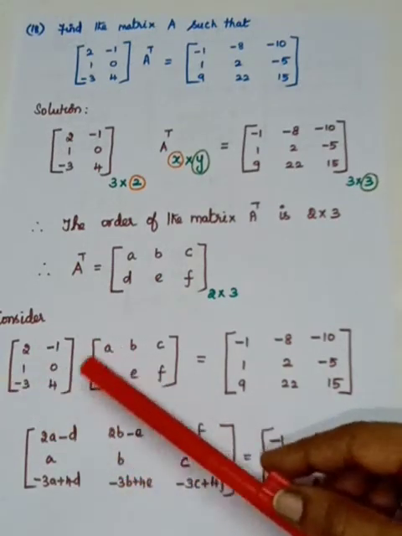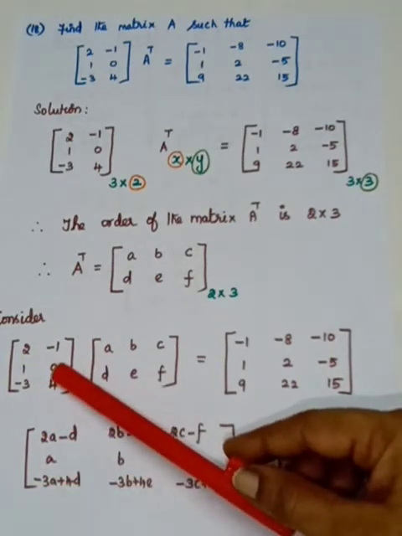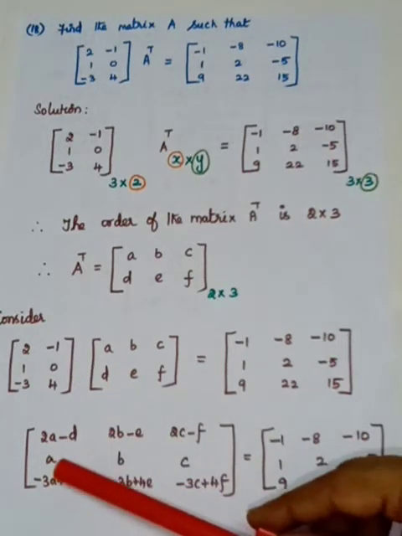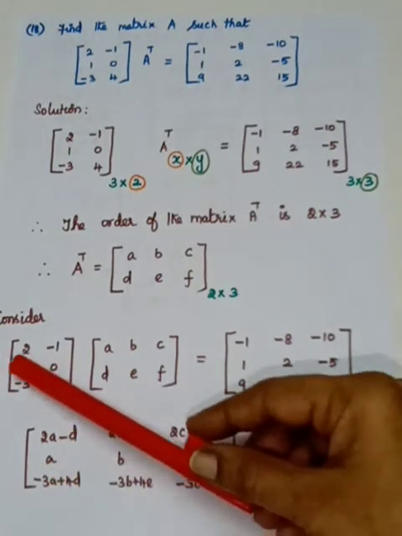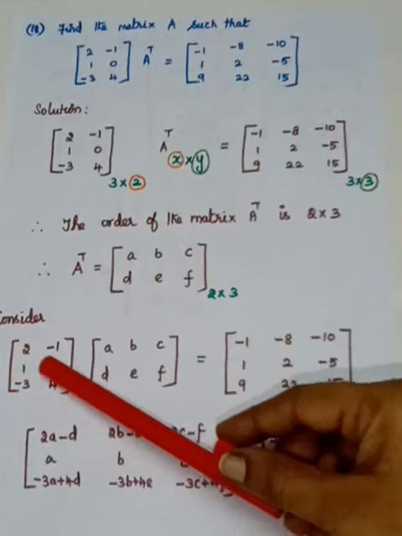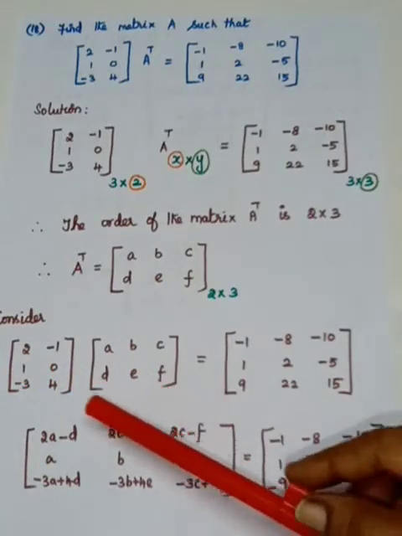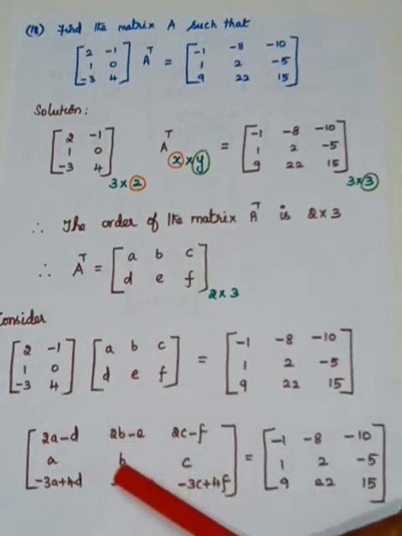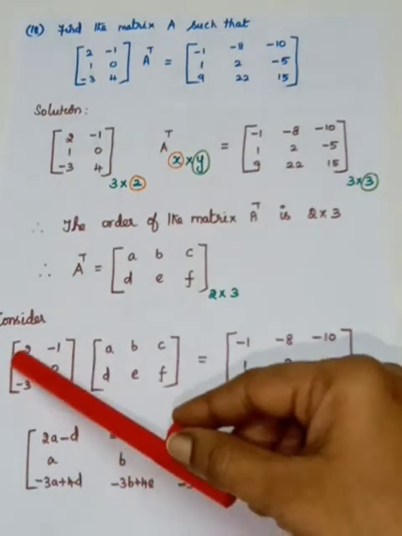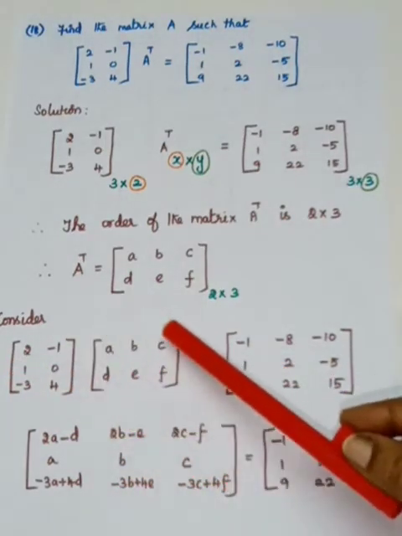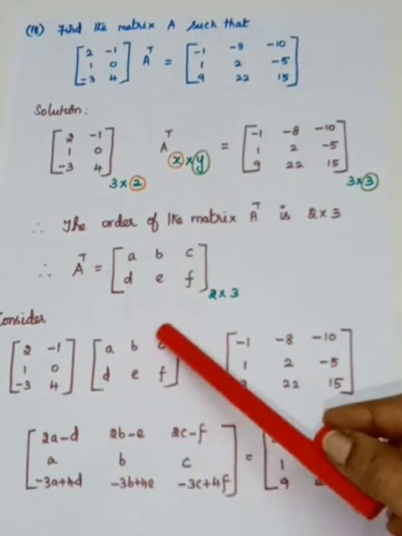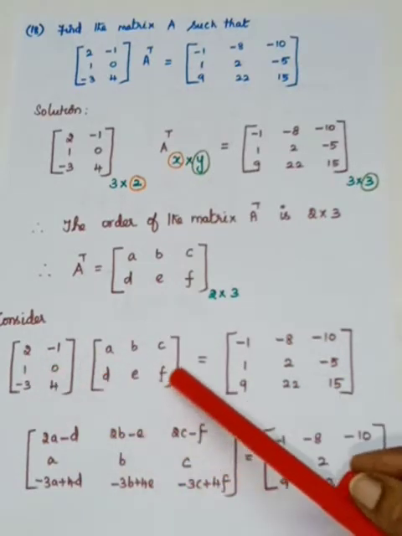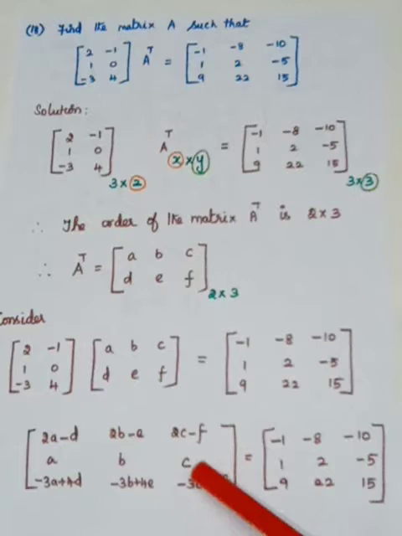So 1 into A is A, plus 0 into D is 0, so that is A. In the same way, the second row and the second column: 1 into B plus 0, so the answer is B. Take the second row and third column: 1 into C is C, plus 0 into F is 0, so that is C alone.